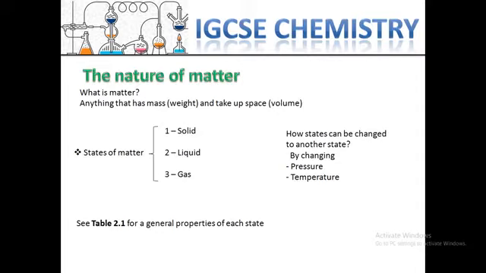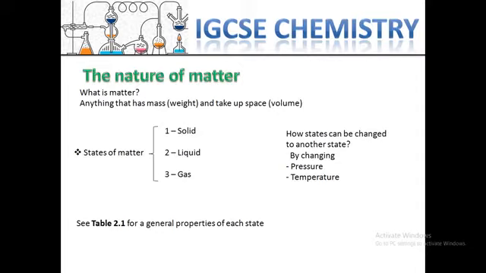When we are going to change gas to liquid, or liquid to solid, we need to increase pressure. We need to put pressure and reduce temperature. For example, for gas to liquid, we need to decrease the temperature.